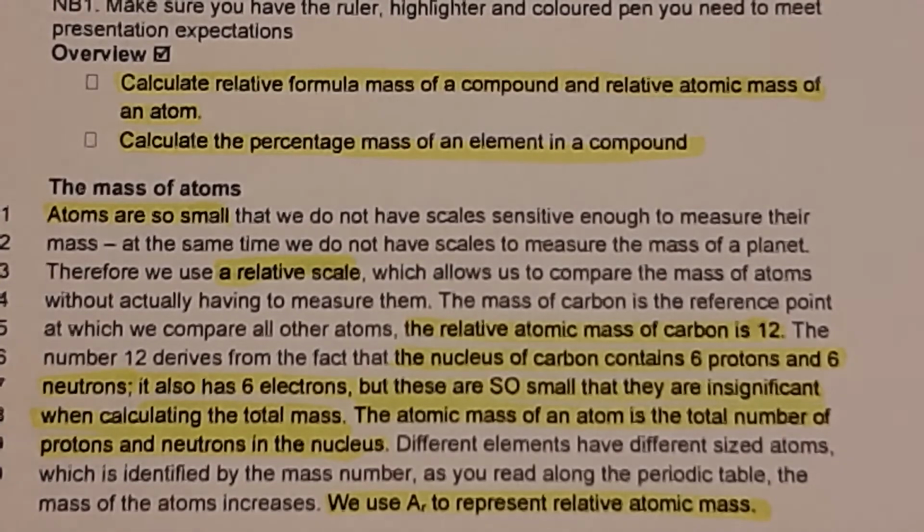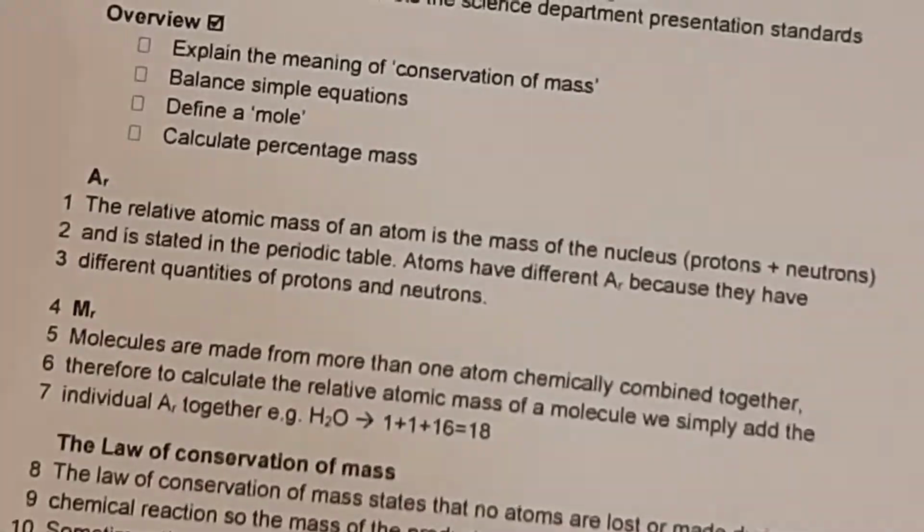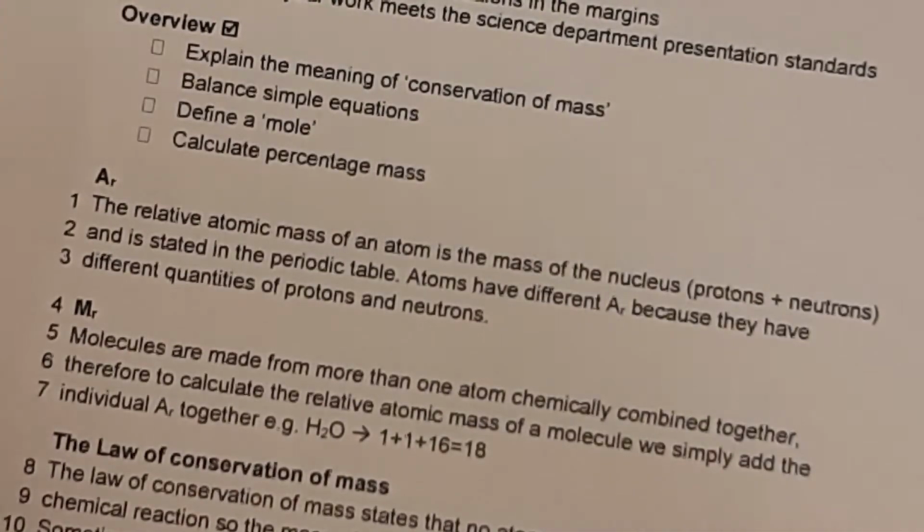We're going to write these on our notes page. The student notes page for lesson 1 is on page 12, so turn to page 12 if you're a foundation tier student, and turn to page 6 of the higher tier booklet if you are a higher tier student.